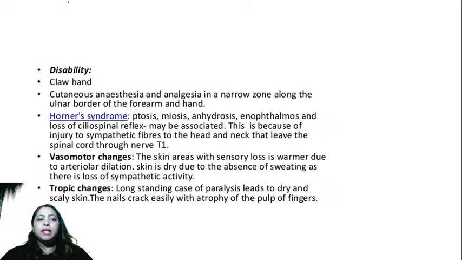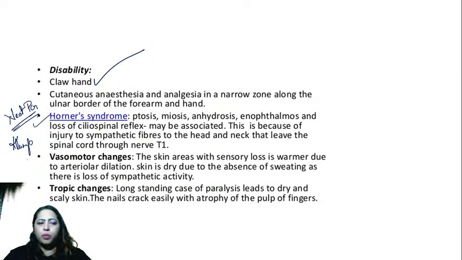Okay, next one, disability mainly you can see is claw hand. And then you may also see Horner syndrome. Horner syndrome, this is one important NEET PG question. You will see Horner syndrome associated with Klumpke palsy. Why is it associated with Klumpke and not Erb's palsy?